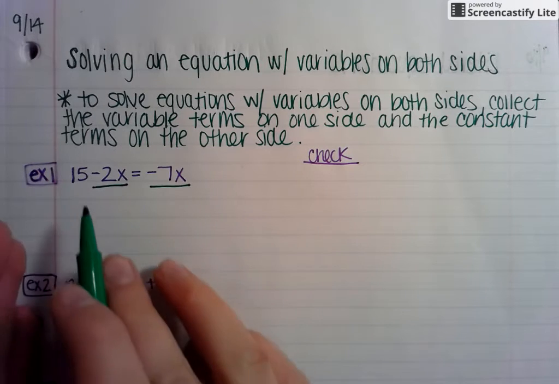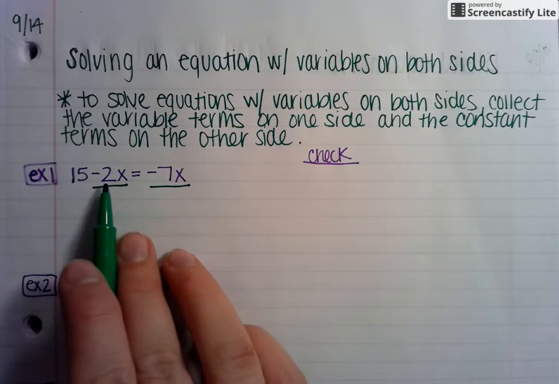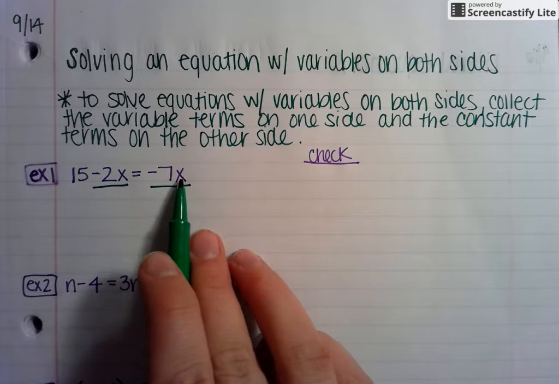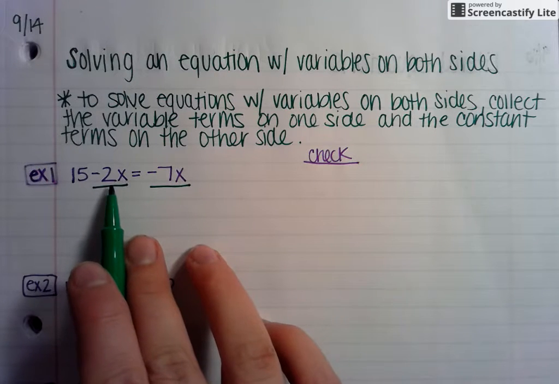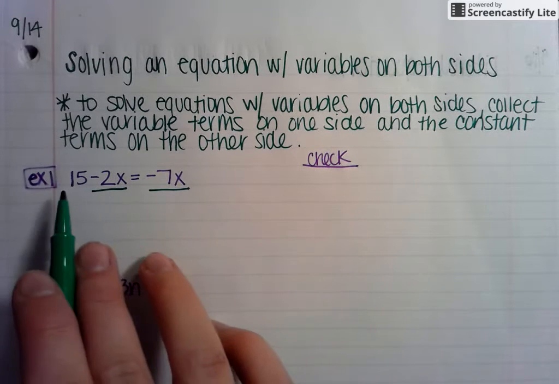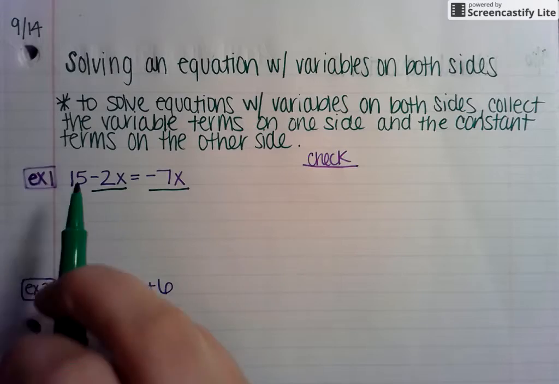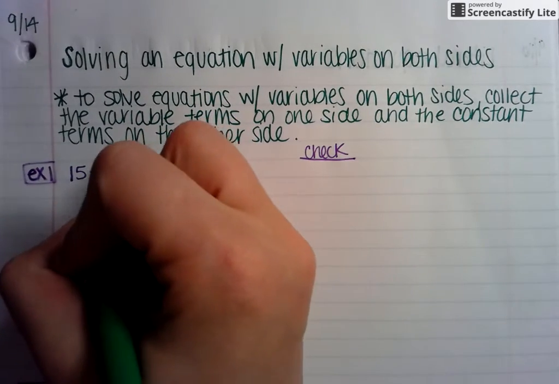So what we want to do is we have one of the constants here, which is a number, and we want to move the term with the variable to the other side. So we have the terms with the variables on one side and then constant on the other. To do that, we have to use the inverse operation. We have negative 2x, so we're going to add 2x on both sides.